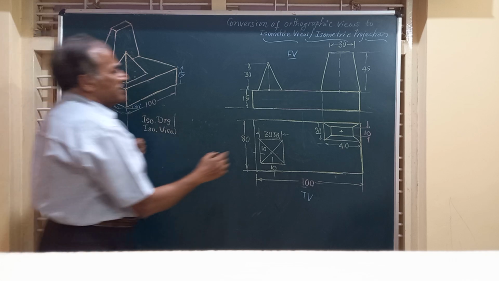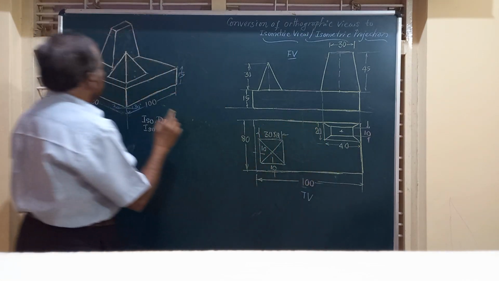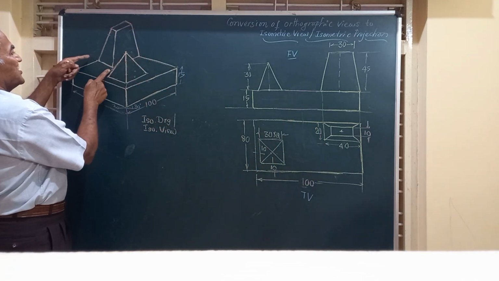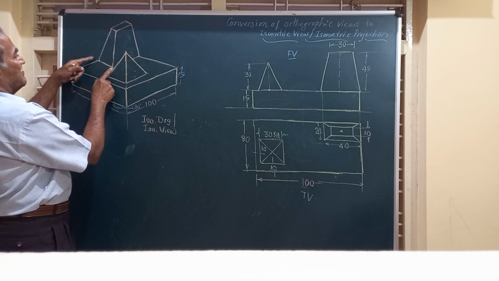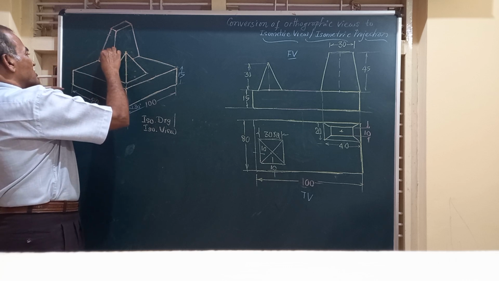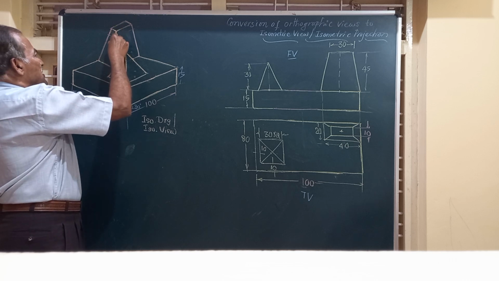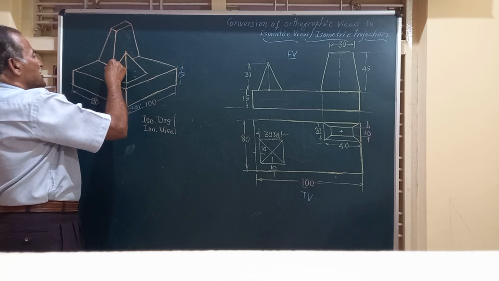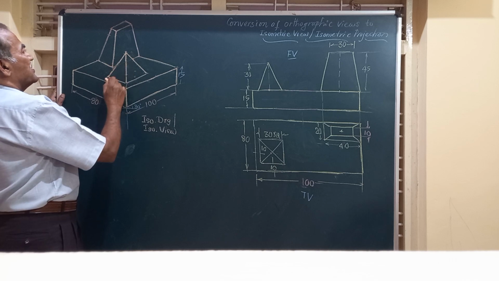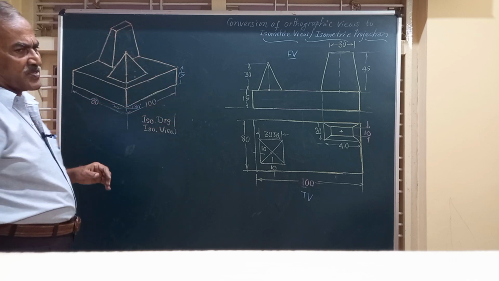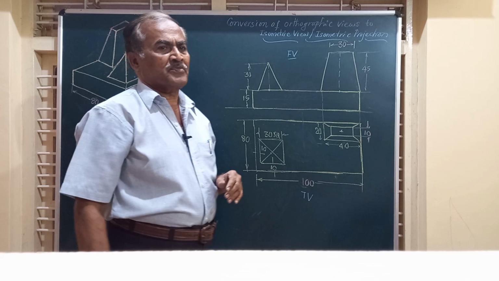At the bottom end, you have got 40 by 20. This is 40 and this dimension is 20. Friends, that is to say, the drawing we have made is satisfying all the dimensions that are given in the orthographic views.